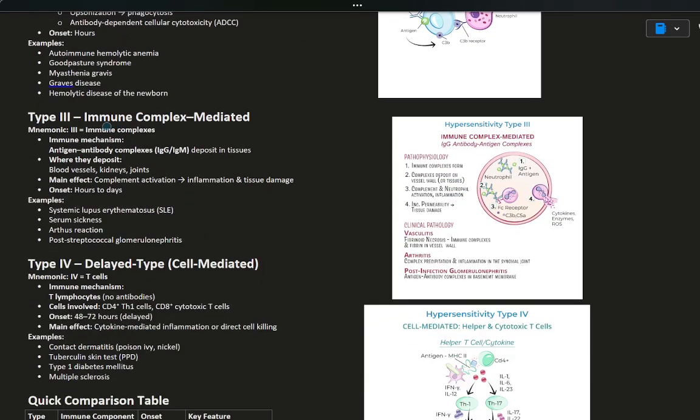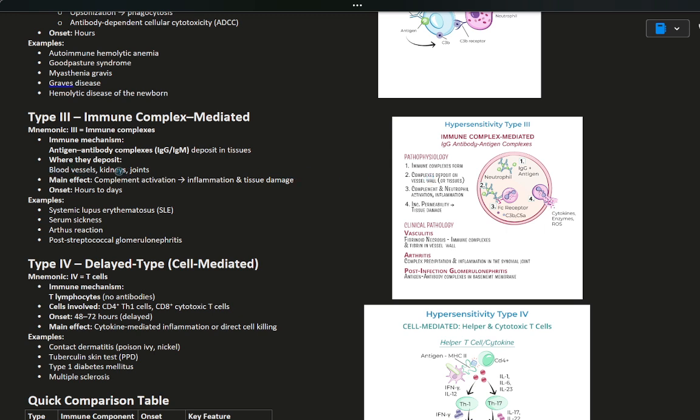Alright, let's talk about type 3 hypersensitivity reaction. This is also known as immune complex mediated hypersensitivity reaction. So, the way this works is that the antigen antibody complexes will form and deposit into tissues. And they can also deposit onto vessel walls. So just remember that.